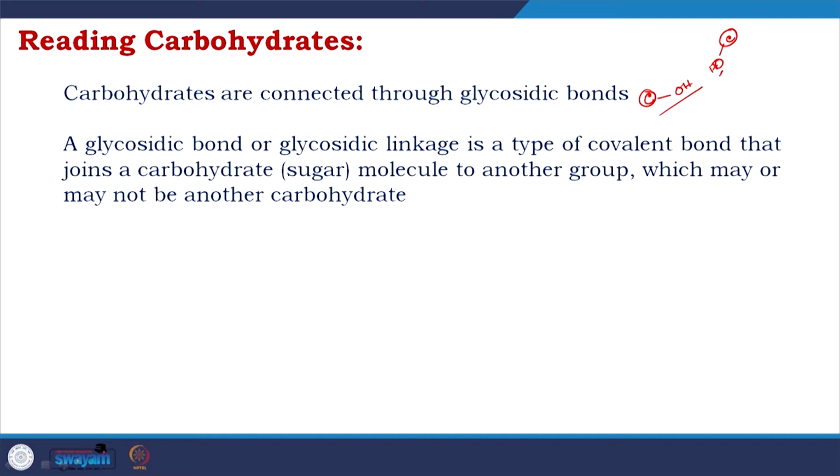Now, it will go through dehydration, loss of water, and it will make a bond like that. This is called a glycosidic linkage. Now, here you see that the carbon and oxygen, this bond and this bond, they are single bonds.